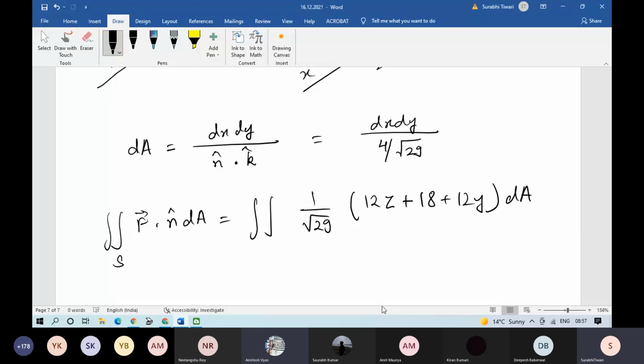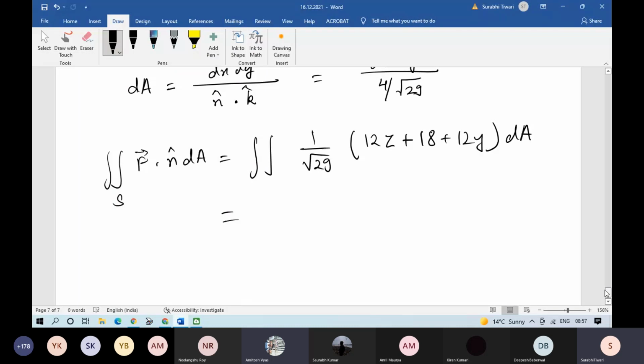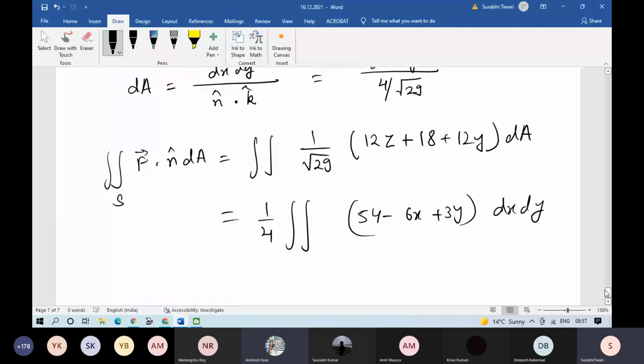Now put the value of dA. dA we have calculated in terms of dx dy. So this will be 1 upon 4. अंदर बचा 54 minus 6x plus 3y dx dy, and x की वैल्यू फिर वही.